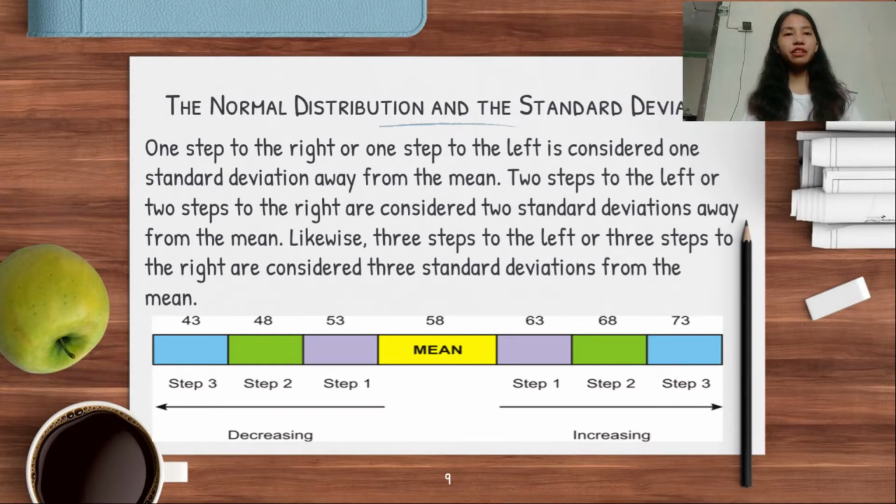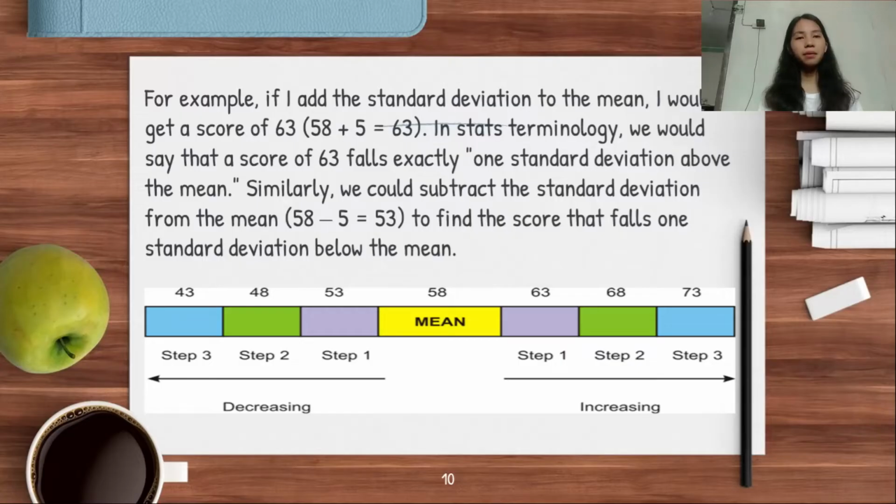The standard deviation of the data set is simply the number or distance that constitutes a complete step away from the mean. Adding or subtracting the standard deviation from the mean tells us the scores that constitute a complete step. Below, I've put together a distribution with a mean of 58 and a standard deviation of 5.